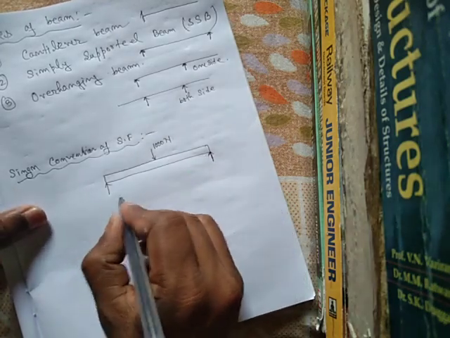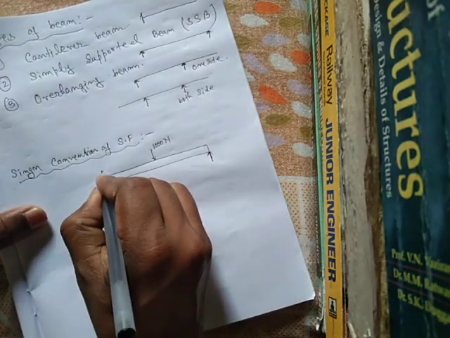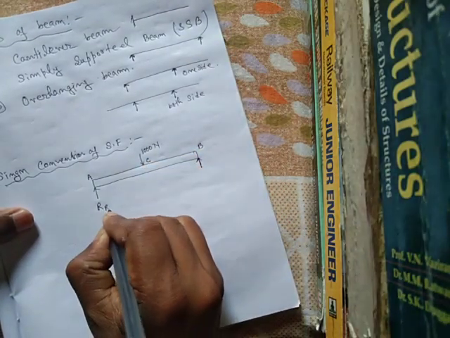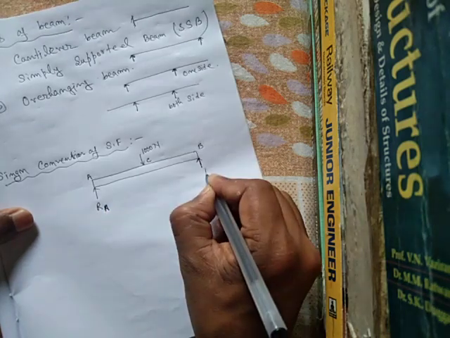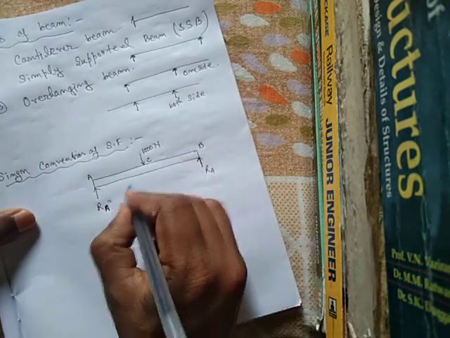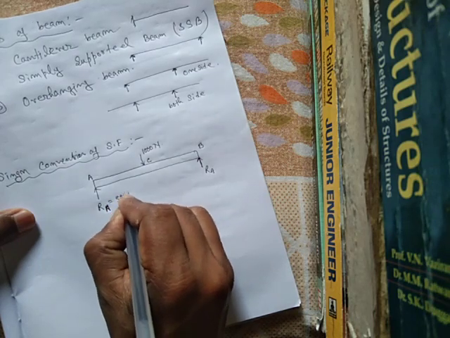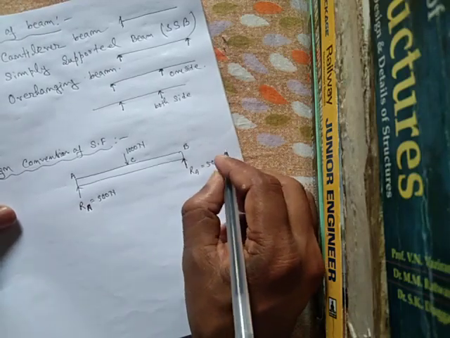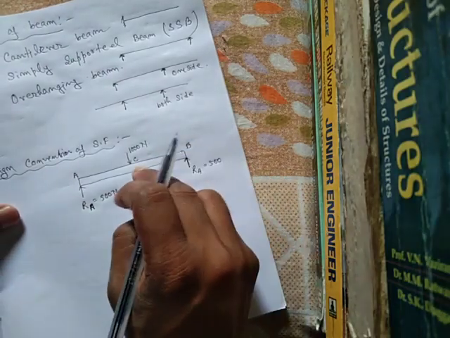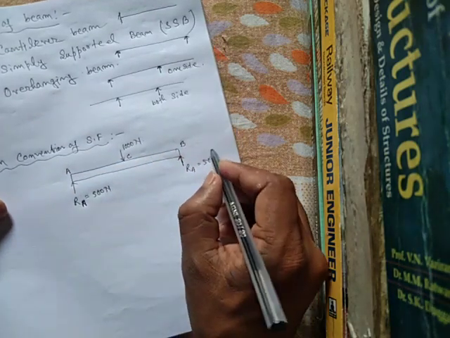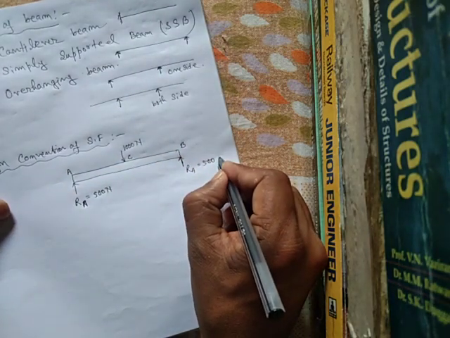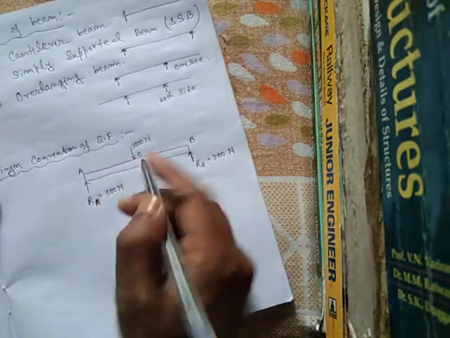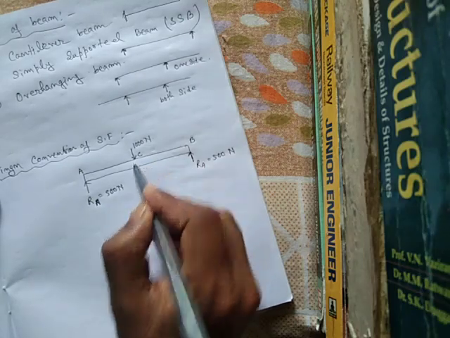This is point A and this is point B and the center point is C. The reactions RA and RB will be 500 Newton and 500 Newton. You can also take moment about any point, but I have directly divided it as 500 and 500 because the point load is acting at the center of the beam.